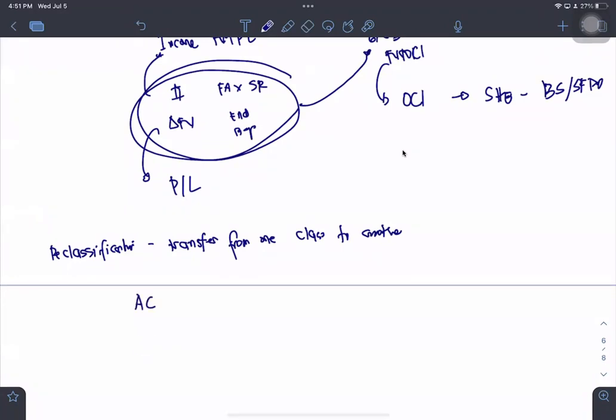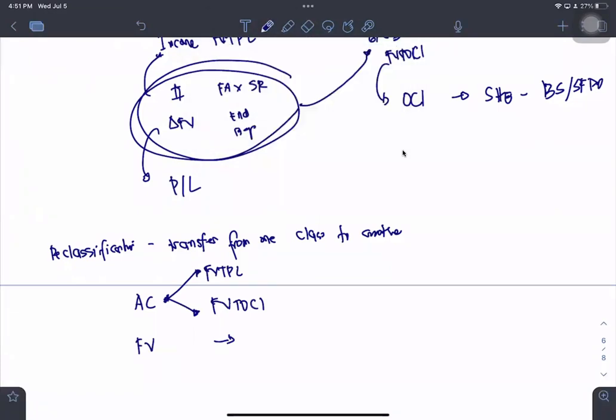So for amortized cost, pwedeng amortized cost to FVTPL, amortized cost to FVTOCI, or pwede ring vice versa. Sa fair value naman, dapat within fair value lang din.